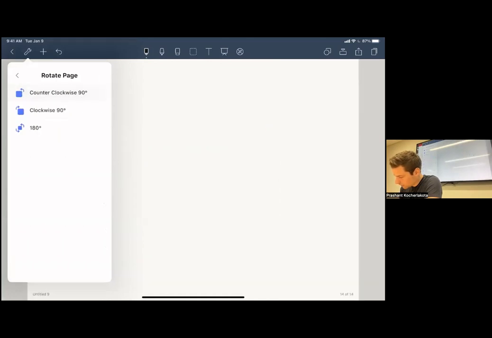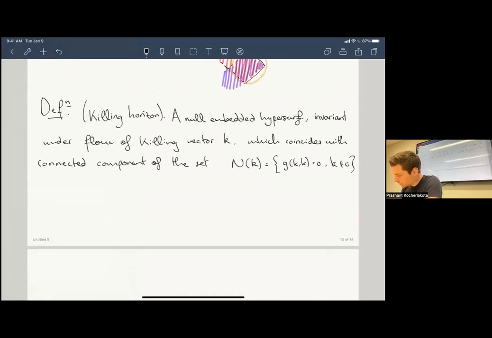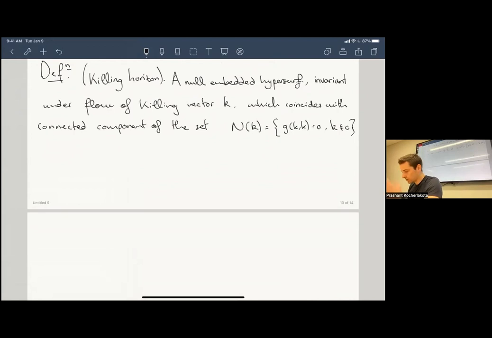If you are interested in this definition, the reason it's there is that the key theorem we'll talk about at the end says that the event horizon, which is something global, is in fact a killing horizon. This will be the critical piece of the argument that underpins everything: something about symmetries and something about event horizons are actually the same under some set of assumptions.